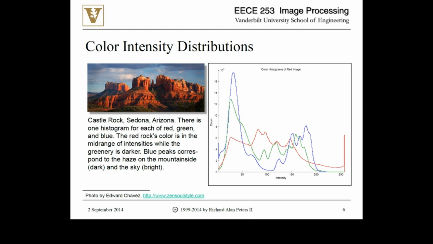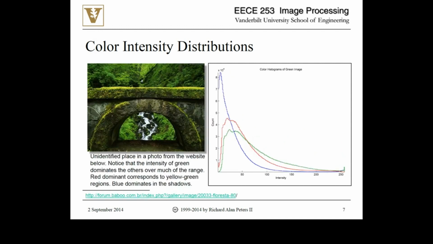You can analyze what the features of this image are and how they are translated into histograms. For instance, this part of the image is mostly red, and there are all kinds of reds. And this is what you see here. More examples: this image is mostly green.